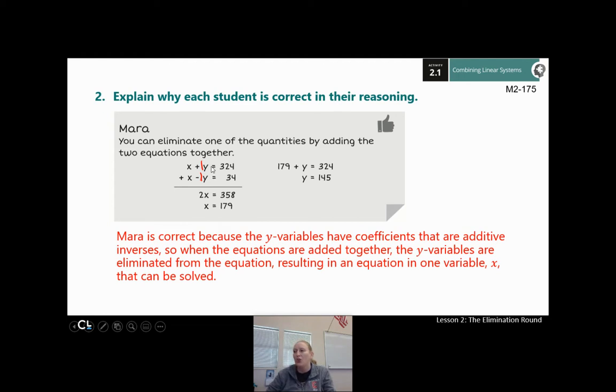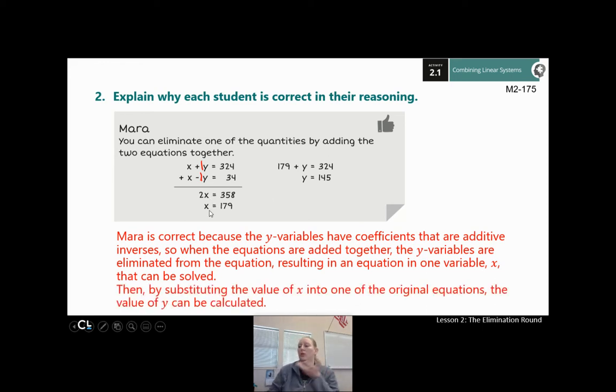So because those coefficients were additive inverses, when the equations were added together, the Y variables are eliminated from the equation, and that results in us having an equation in one variable, X, which we can easily solve because there's only X's left, right?